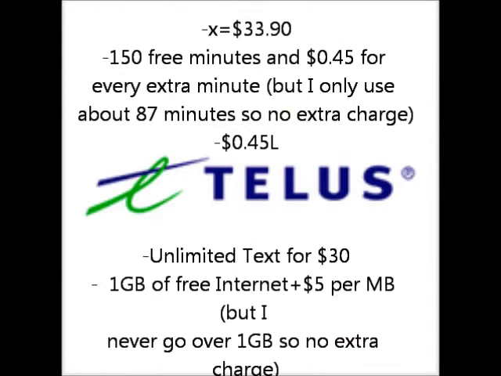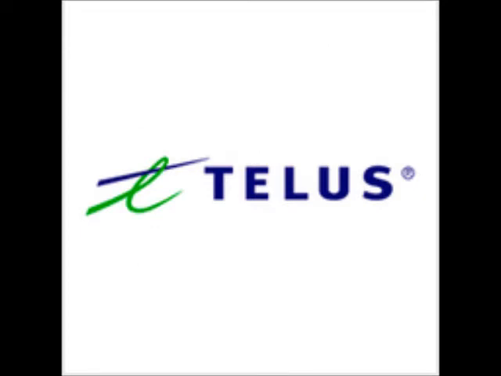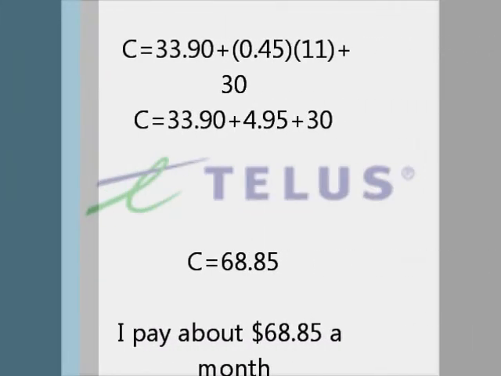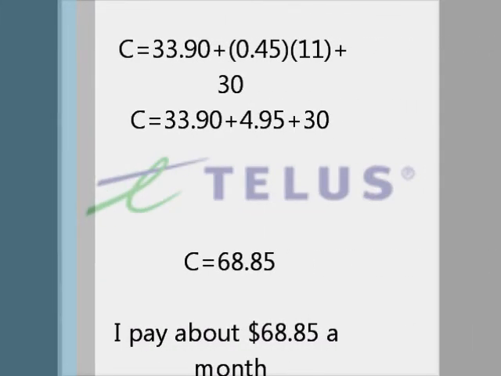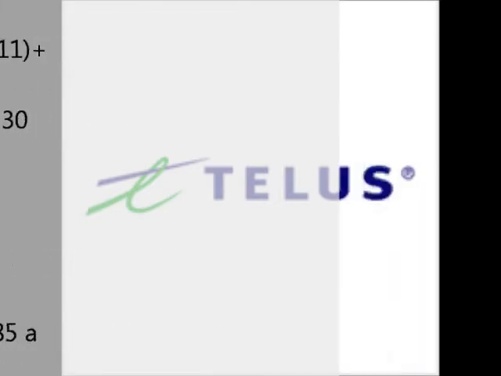To do this application, I need to make a comparison. So this is the information on the plan I use for TELUS right now. The equation would be 33.90 plus 0.45 multiplied by 11 plus 30, which would equal 68.85, which means I pay about $68.85 a month right now.